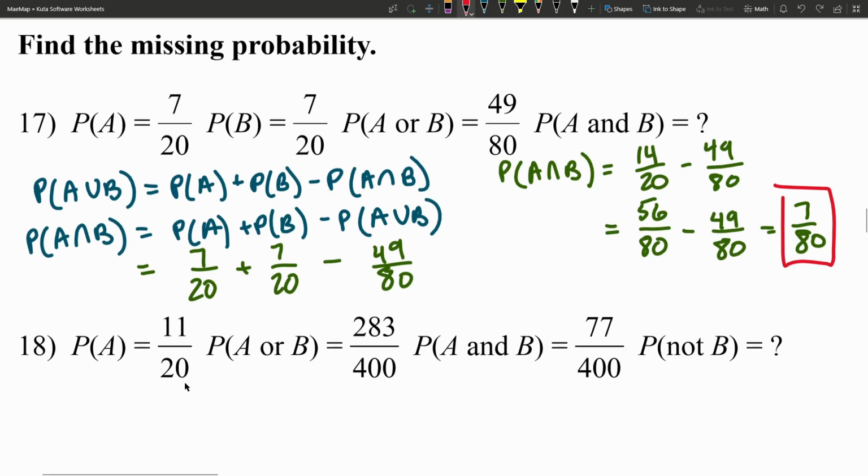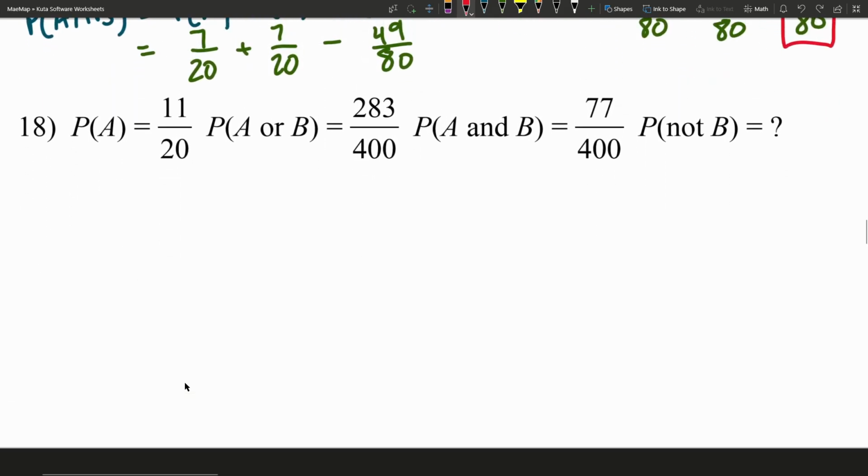Let's move on to the last problem, number 18. In number 18, it gives us the probability of A or B, and A and B, but it does not give us this probability of not B. That's what we're solving for.